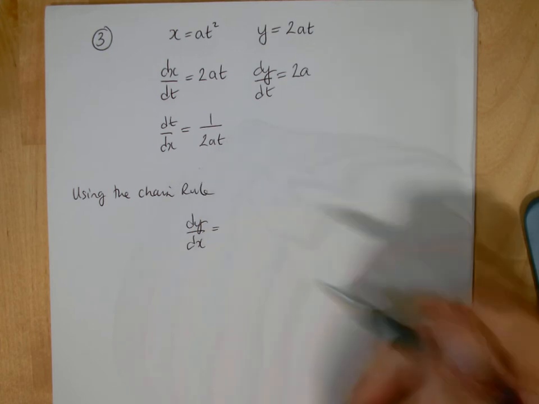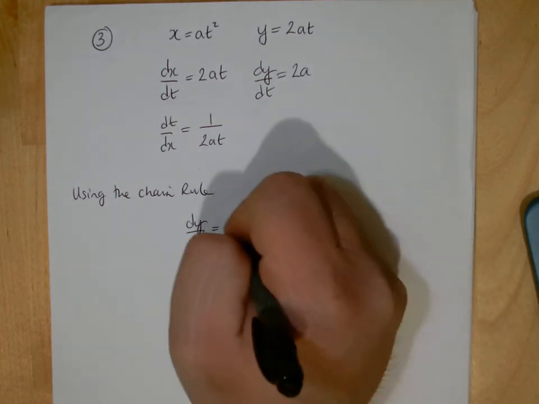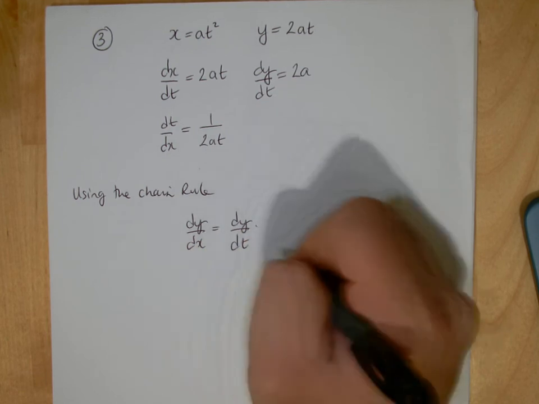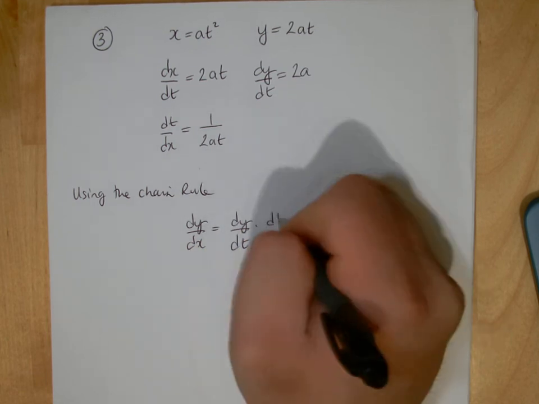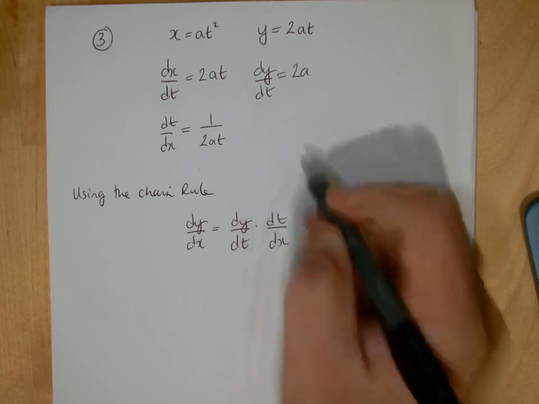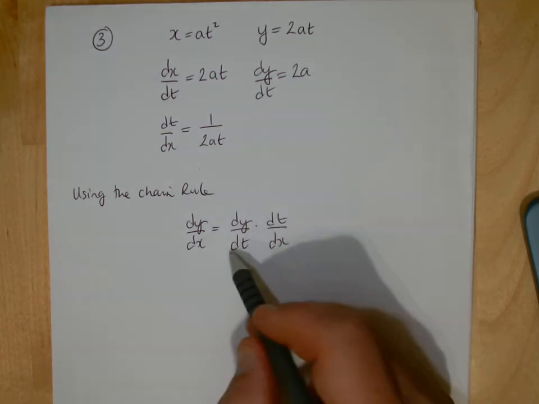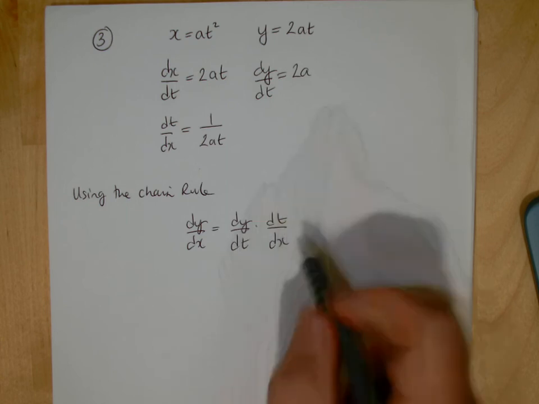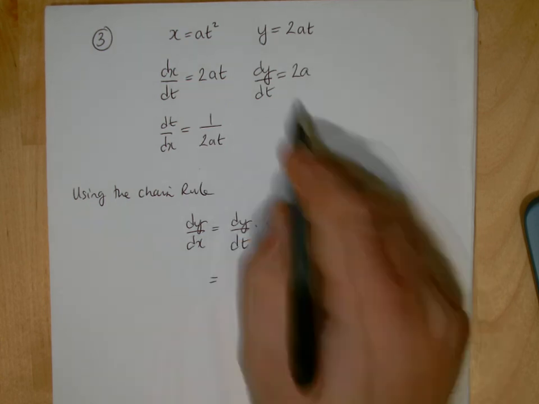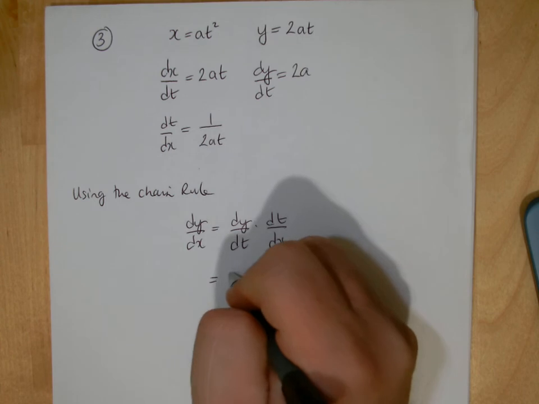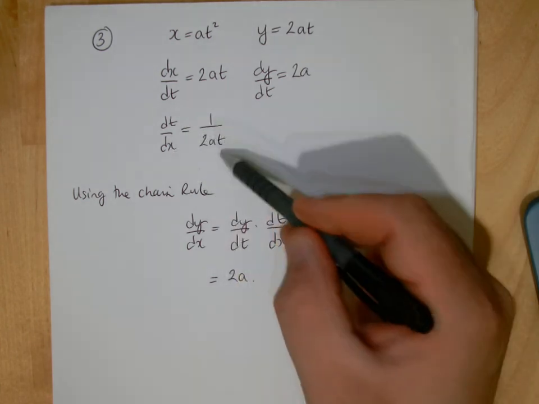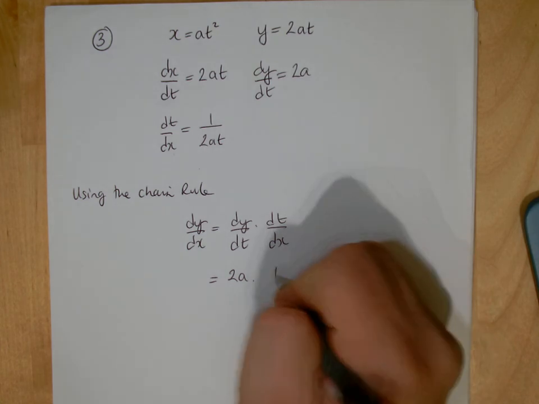So remember, dy is on top, so dy by dt times then dx on bottom, so dt by dx. The chain rule works there, and you simply multiply those two results that we've got. So we've got 2a there for dy by dt, and dt by dx is 1 over 2at.